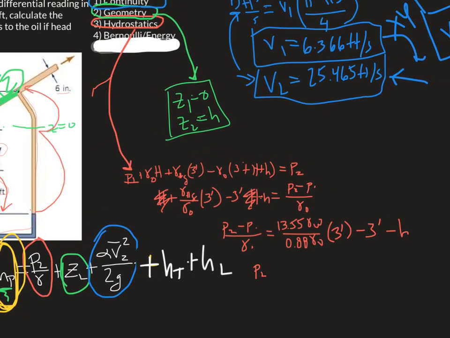So P2 minus P1 over gamma oil equals, if you plug all that in, 43.36 feet minus h.